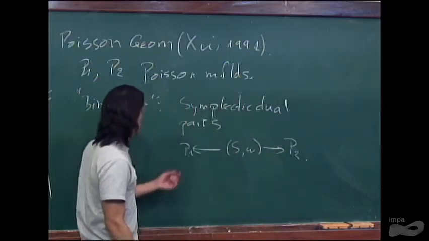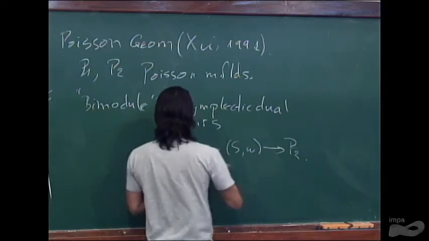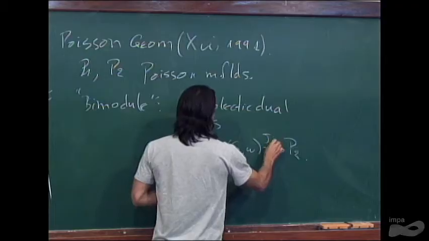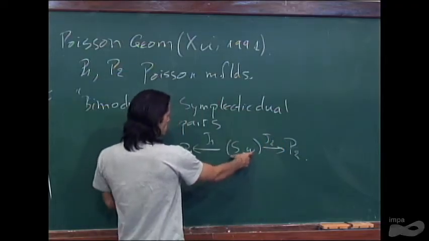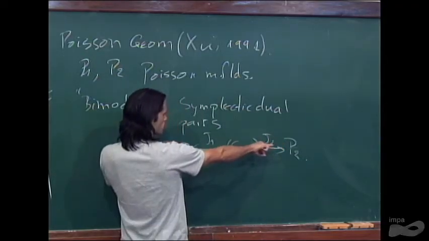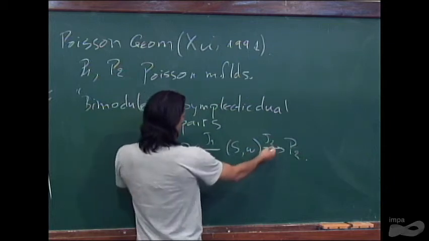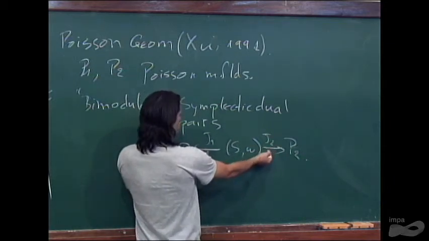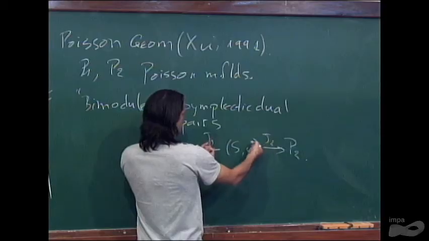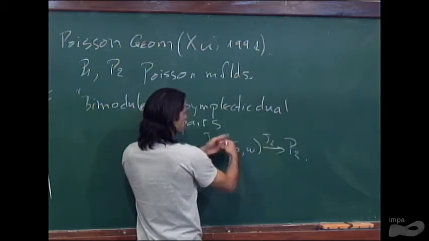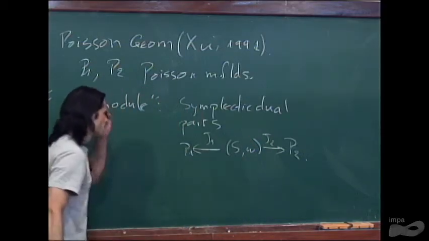What's the situation here? You have your two Poisson manifolds, and you have a symplectic manifold which realizes both Poisson manifolds. And the main point here is that the fibers of this G1, G2 are symplectic orthogonal inside.